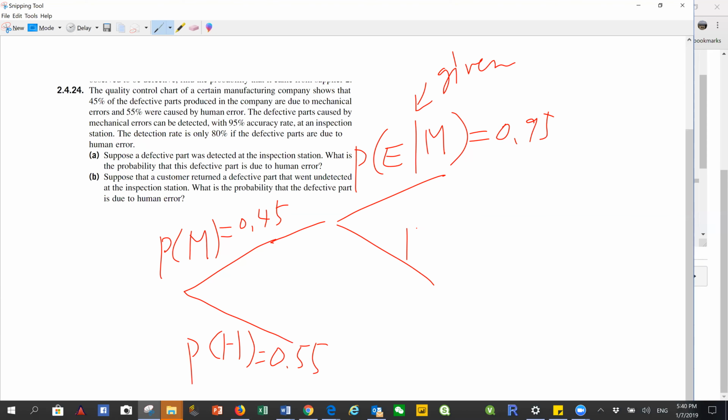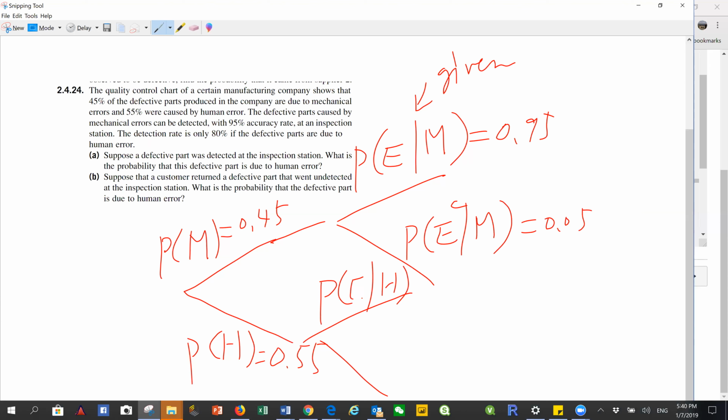So obviously, given mechanical error, no error, the complement, is 0.05. The same way you can also draw a graph. The probability that, due to human error, you have an error is 0.8. So the complement, no error due to human, is 0.2.